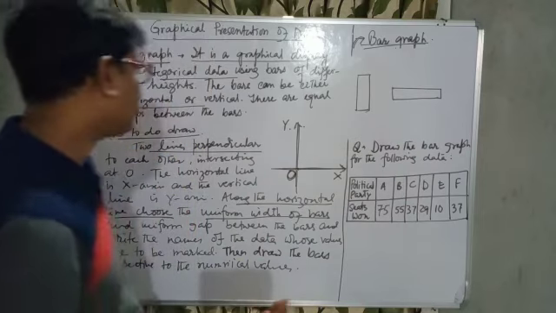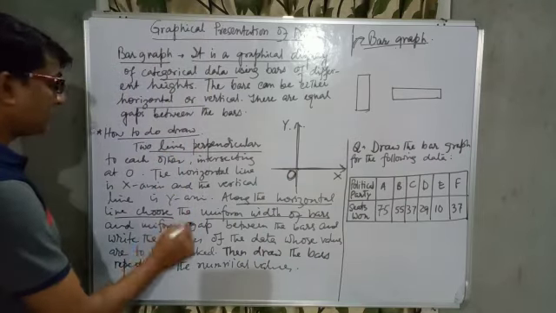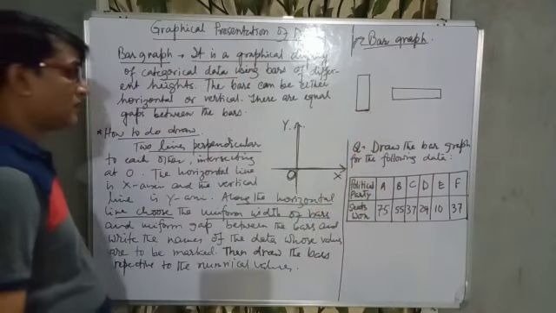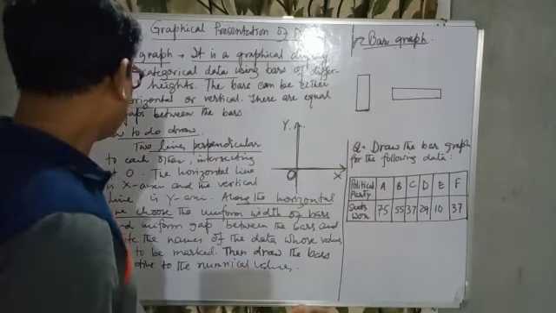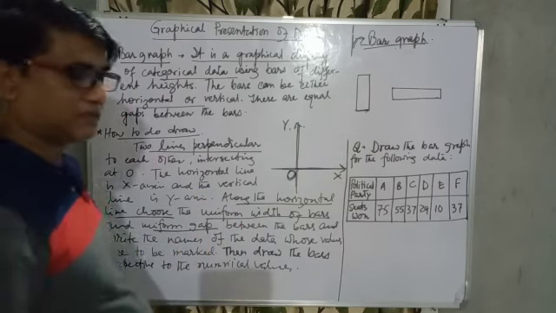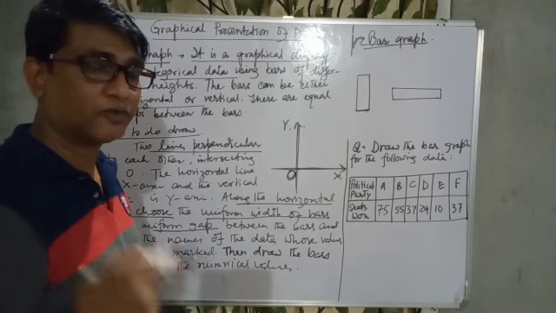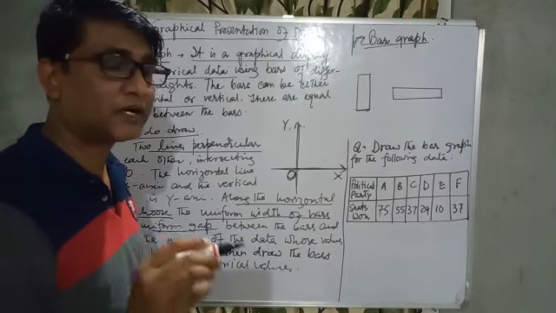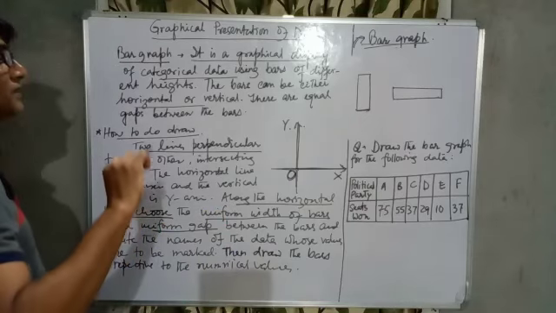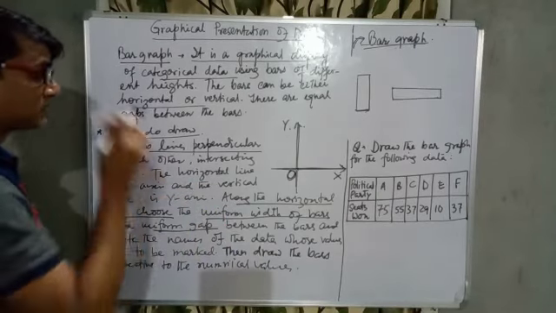So in general, along the horizontal line, we will choose the uniform width of the bars and a uniform gap between the bars.